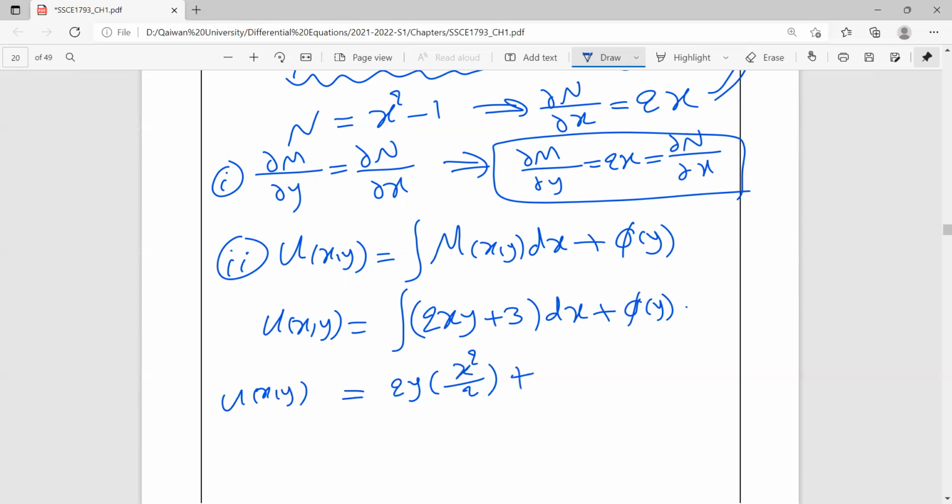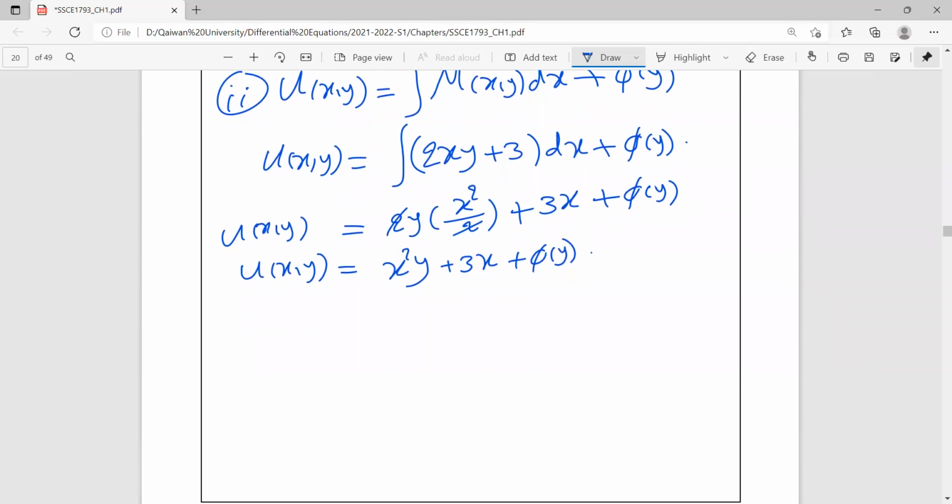Plus 3 is 3x plus phi of y. These two are cancelled. That means u of xy equals x squared y plus 3x plus phi of y.